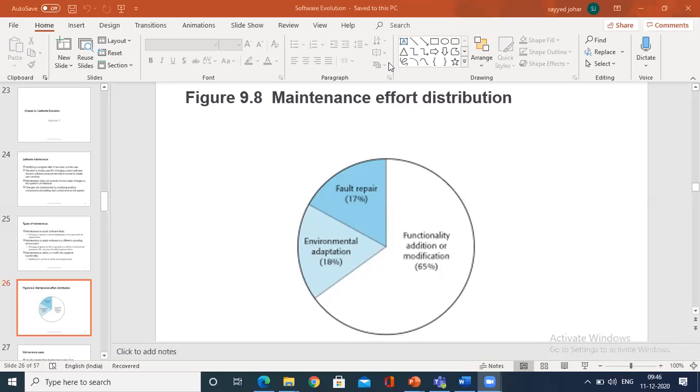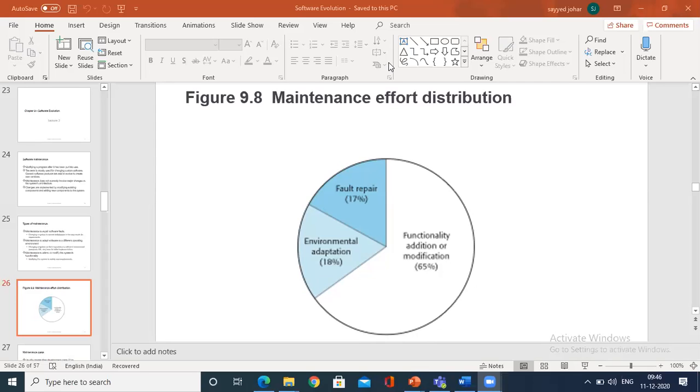It depicts the percentages that vary from one organization to another. That is, how much is spent repairing system faults. We are just comparing the various statistics, how expensive the maintenance activity will be. Okay.